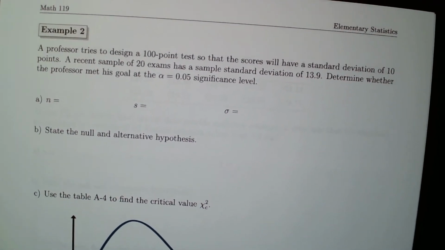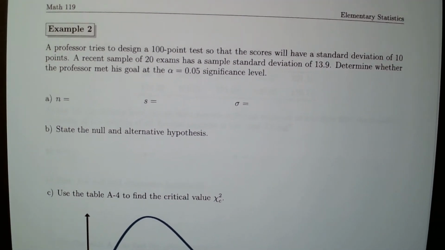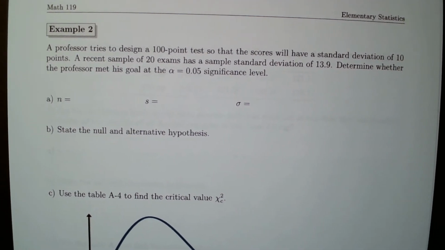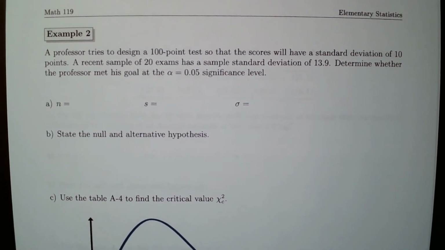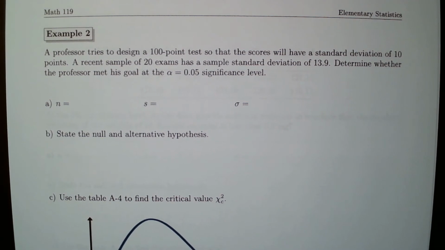Okay, so a professor tries to design a 100-point test in a way that the scores will have a standard deviation of 10 points. All right, a recent sample of 20 exams has a sample standard deviation of 13.9.